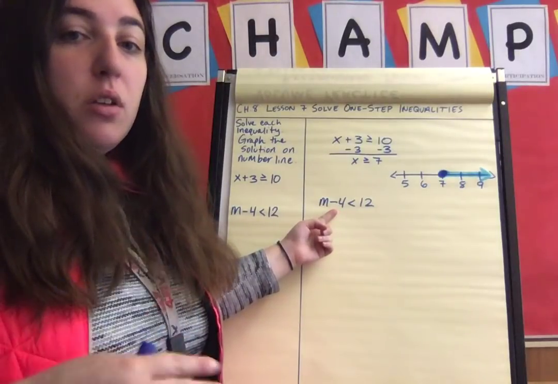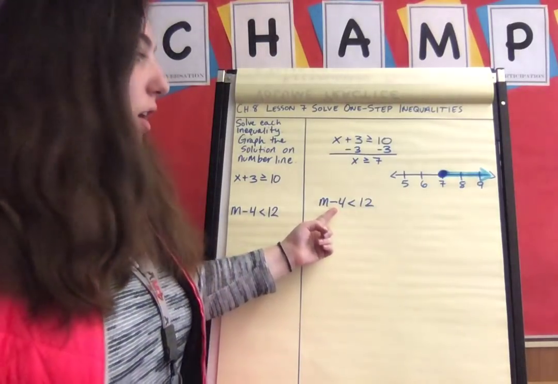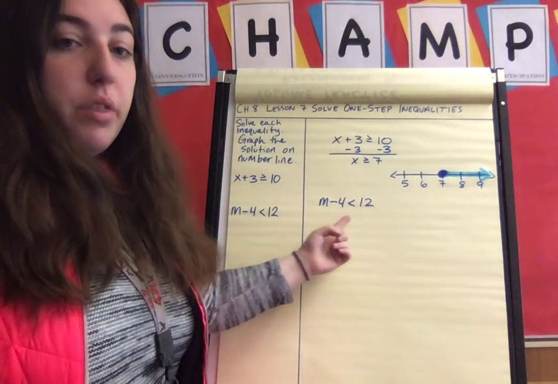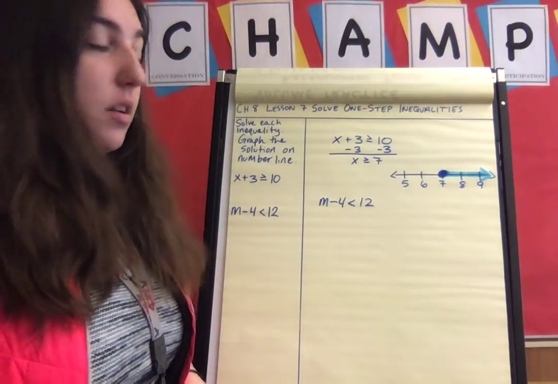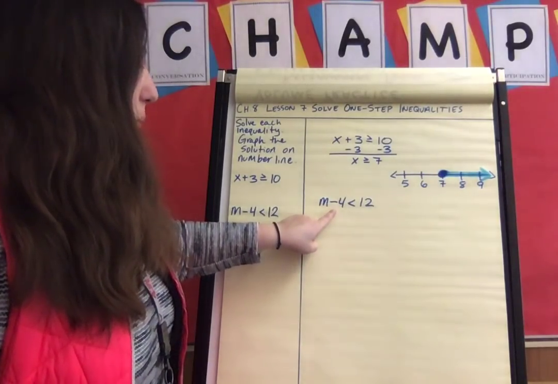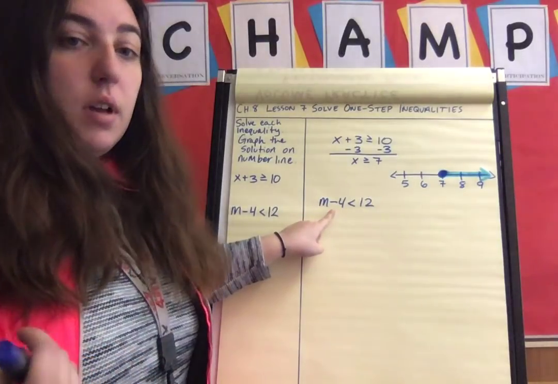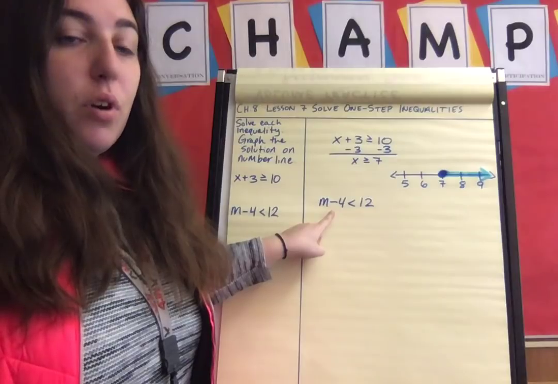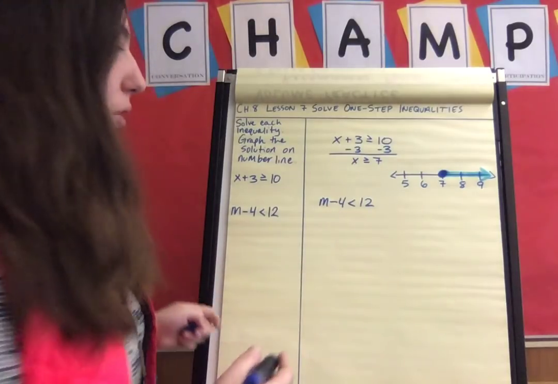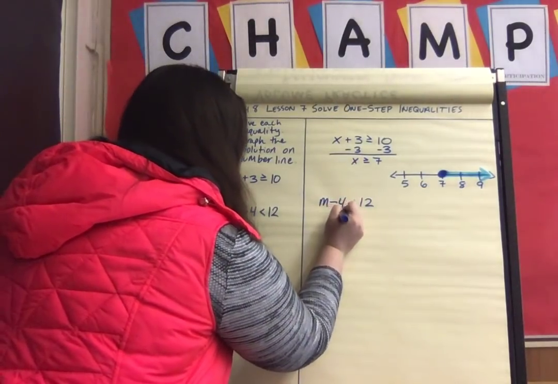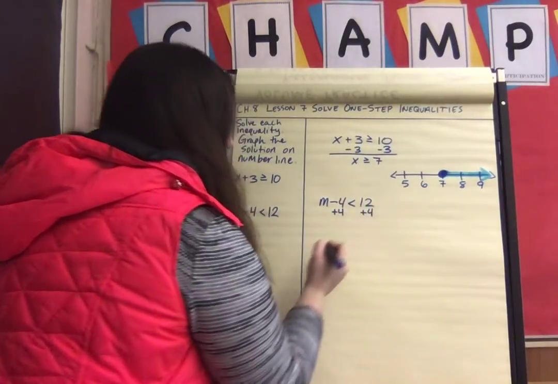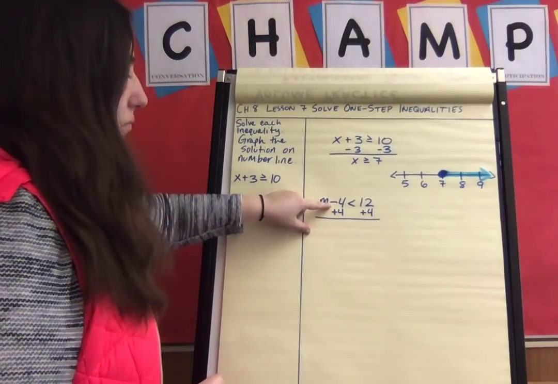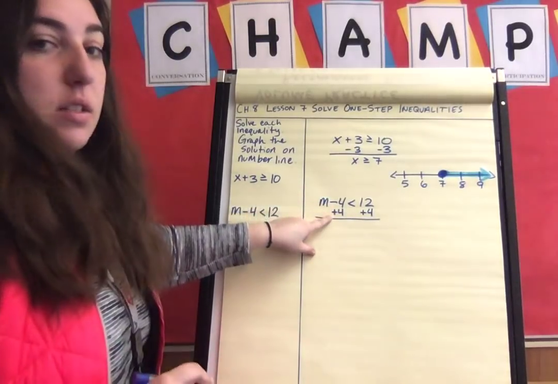And step 3, undo what's happening to your variable by using the inverse operation, and we have to do that to both sides of the inequality. Okay, so I'm going to undo the variable being subtracted by 4 by adding 4 on both sides. So I'm using the inverse operation. Okay, so negative 4 plus 4 is just 0.